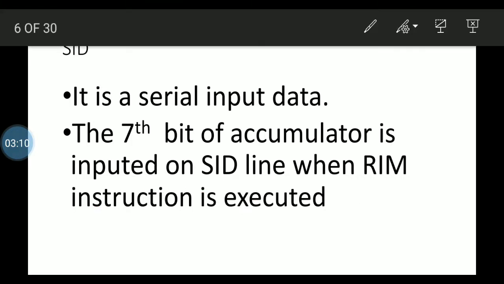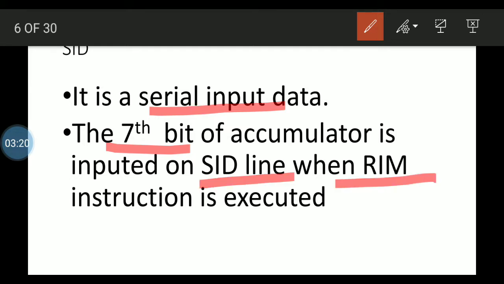SID is serial input data. In this, the 7th bit of the accumulator is inputted from the SID line when the RIM instruction, that is read interrupt mask, is executed. Okay, clear?